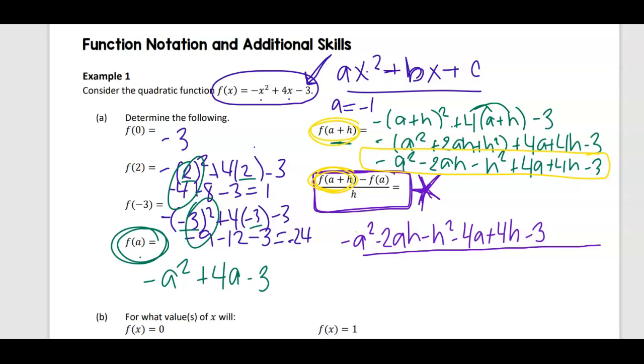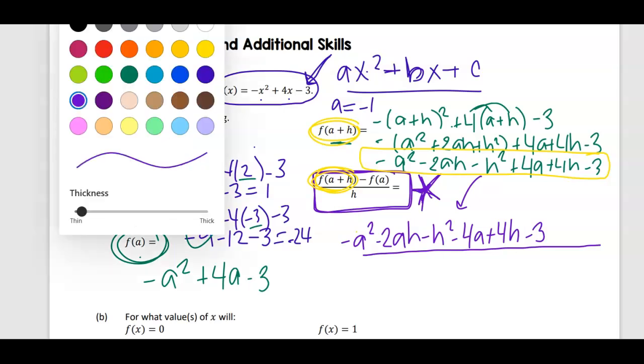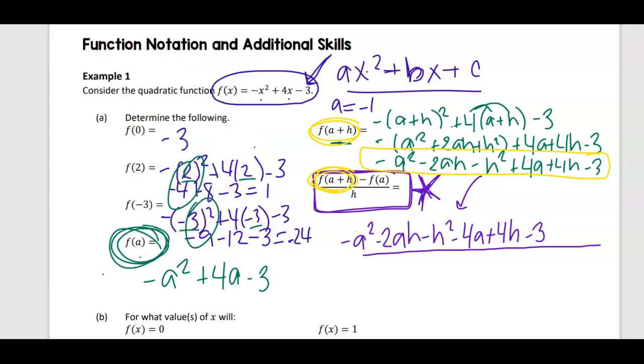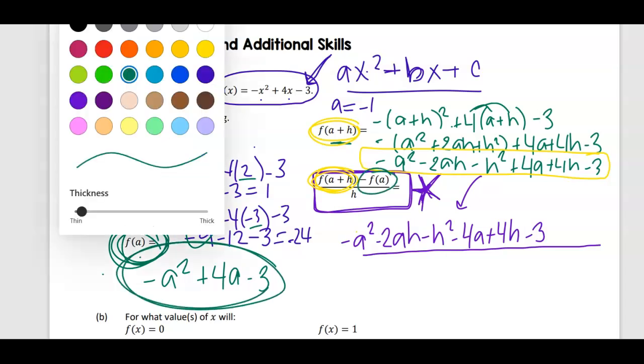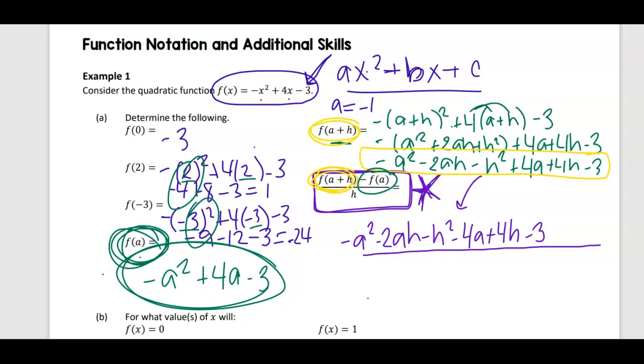All of that gets plugged in for f of a plus h. I also found f of a right here, right? So I'm going to say minus f of a. So negative a squared plus 4a minus 3. And then I'm going to divide that by h.